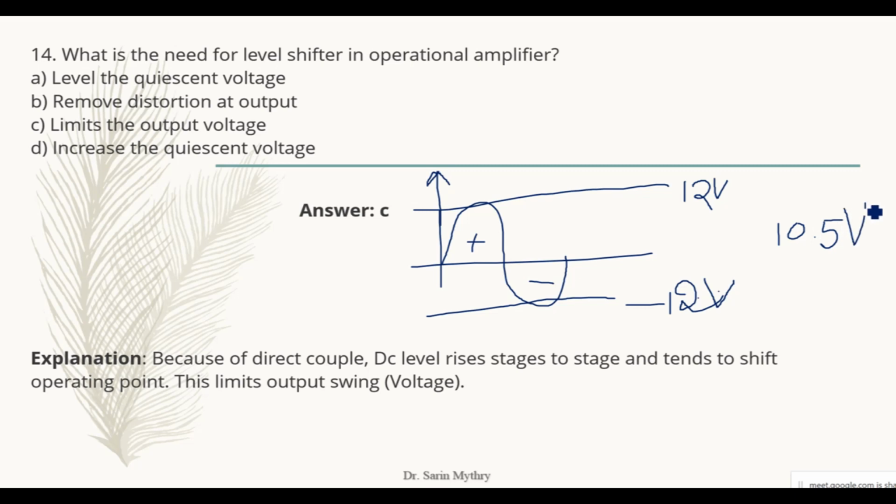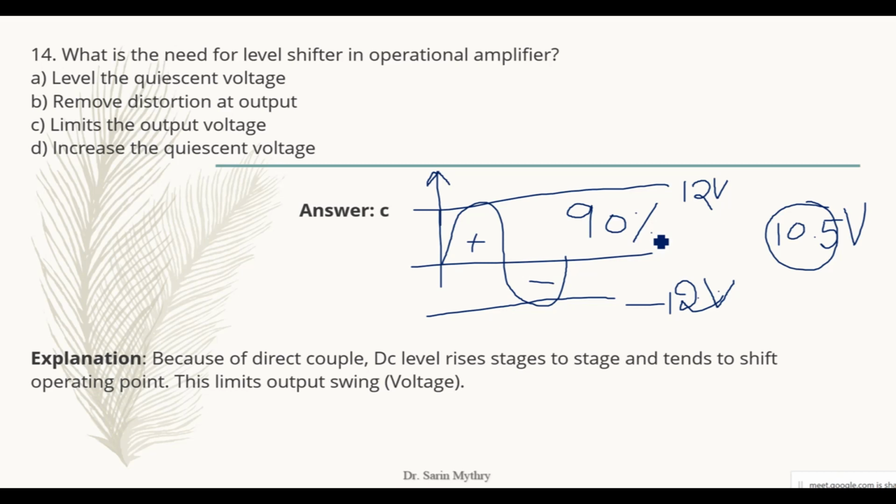So that's why I told you the swing of this voltage, practically, will be 90% of the power supply. You can increase the swing of the output voltage to 90% of the power supply.